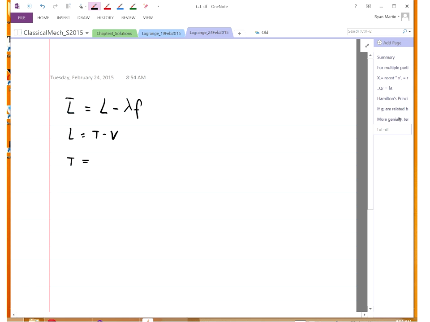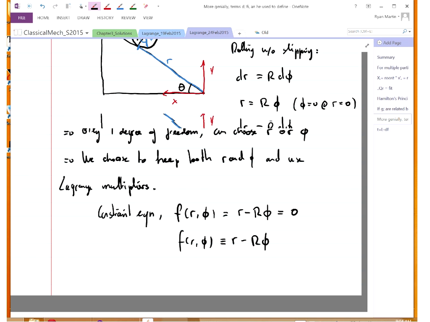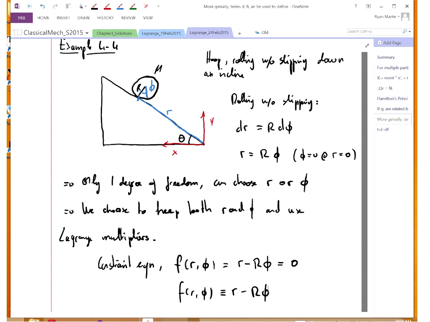So what is the kinetic energy of this hoop as it's rolling down the incline? Remember, this is a rigid body, or it's a hoop with the moment of inertia, right? And so it's going to have both rotational and translational kinetic energy.